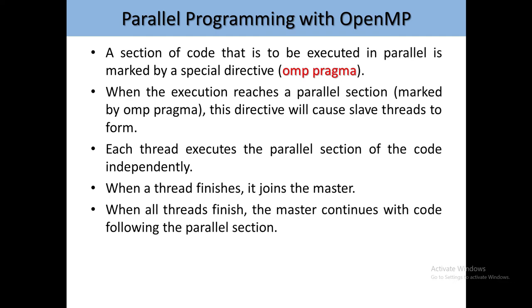Means the slave threads will execute the parallel code independently, they will produce some output, and they will join that output with the master thread. Once all the threads finish, the master thread then continues with the next statement of our code.